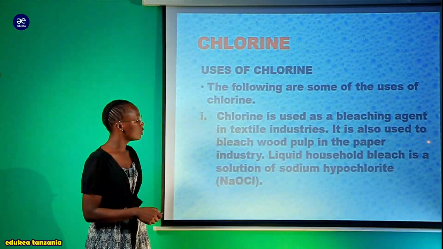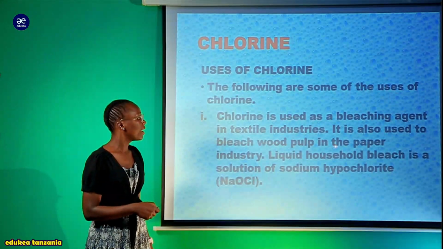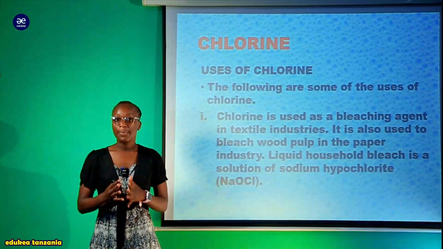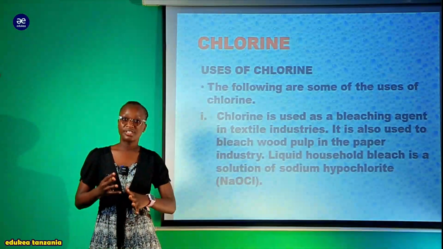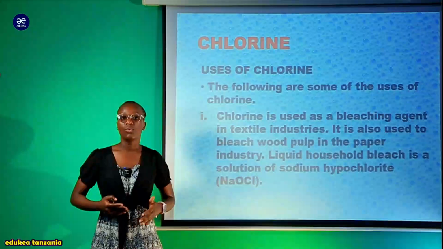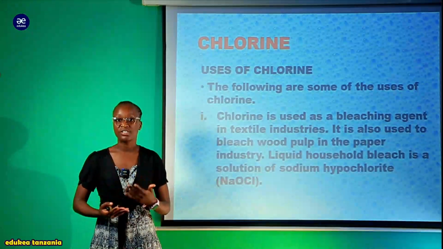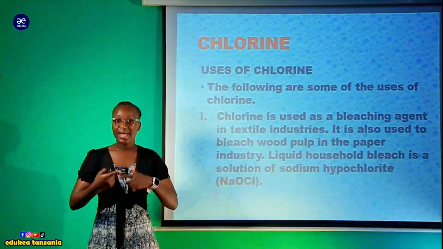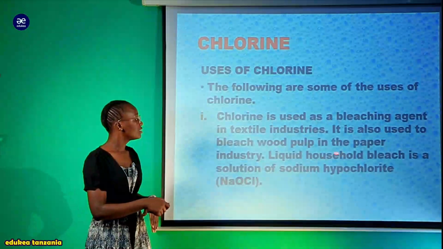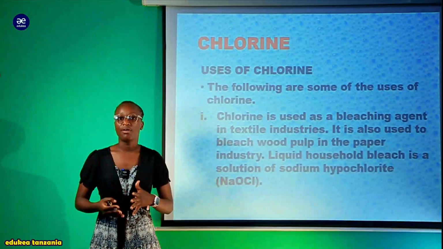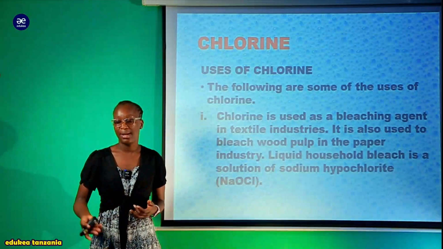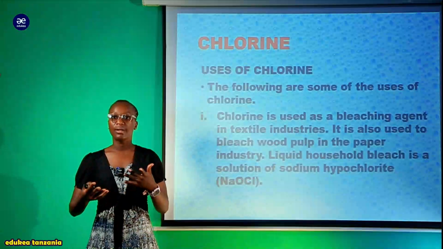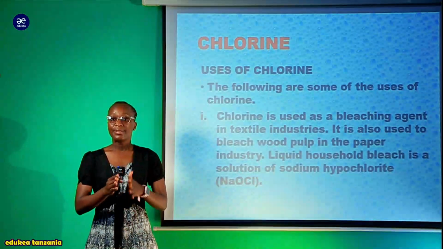Let us proceed. It is also used to bleach wood pulp in the papers. So even the wood pulp in papers, kwamba tunavyoona ule mchakato mzima wa wood, mti una mbao, inakuwa converted, tunaenda kupata paper, tunaenda kupata makaratasi. So those mechanisms, bleaching of color from the wood pulp to paper, mpaka unakuja kutumia karatasi daftari, karatasi jeupe, unakuja kutumia rim white paper.